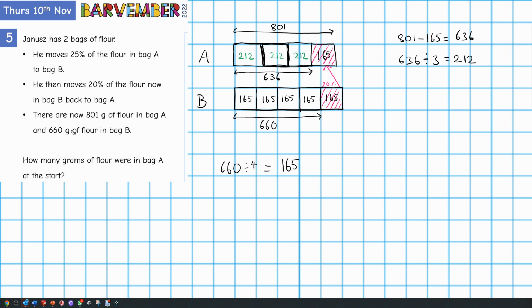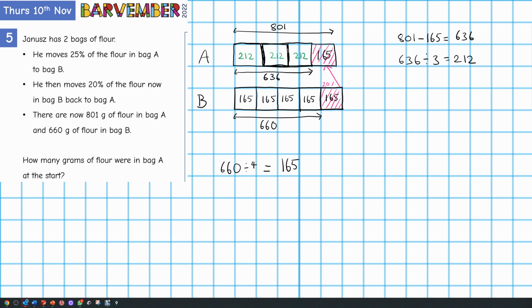Okay, we've got a lot of numbers here. Let's check back to what question we're actually asked. How many grams of flour were in bag A at the start? Well, at the start, we had these 3 parts plus another one exactly the same. Remember, these were the 3/4 that were left after a quarter was taken out.